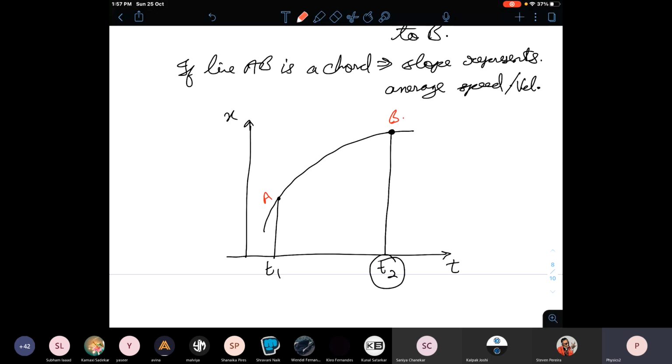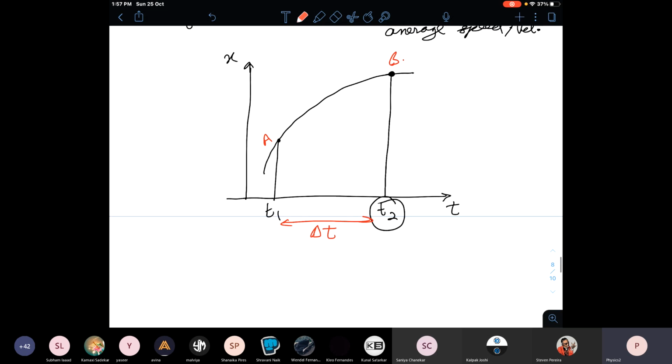This was A, this was B. This is having some delta t, some time difference. ठीक है, there is a big time interval between point A and point B. Now I want to find velocity at t equal to t2 seconds.